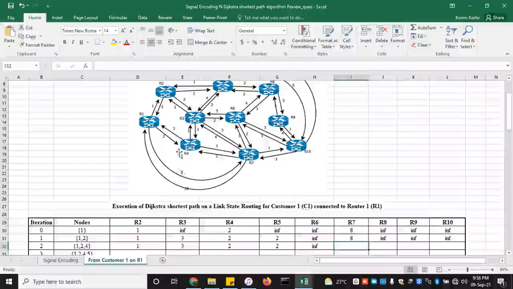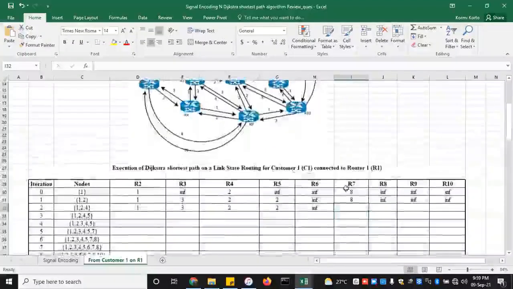Now that we have 4 inclusive and 4 is connected to 7, we can find out whether we can get a better least cost now compared to the 8 that we had as a direct connection from 1. So if you look at it carefully, you're going to have 2, 2 plus 1, that is 3.